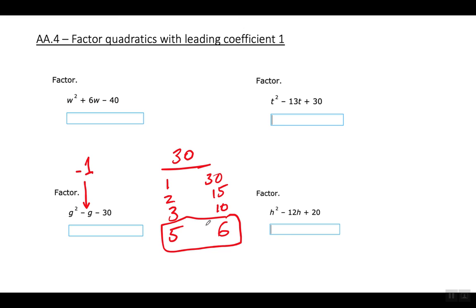That's the only combination that could possibly give me a 1. Since I want them to add up to negative 1, I've got to make the bigger number negative and the smaller number positive. Como yo quiero que me den una suma de negativo 1, tengo que hacer el número más grande negativo y el número más chiquito positivo. That way, when I multiply negative 6 times positive 5, I get negative 30, but when I add them, they give me negative 1.